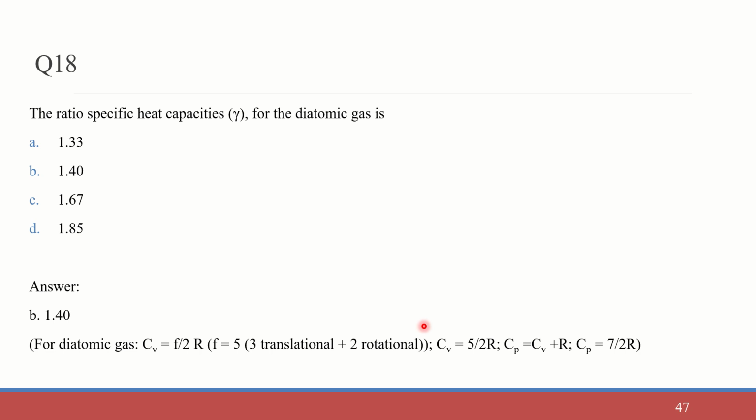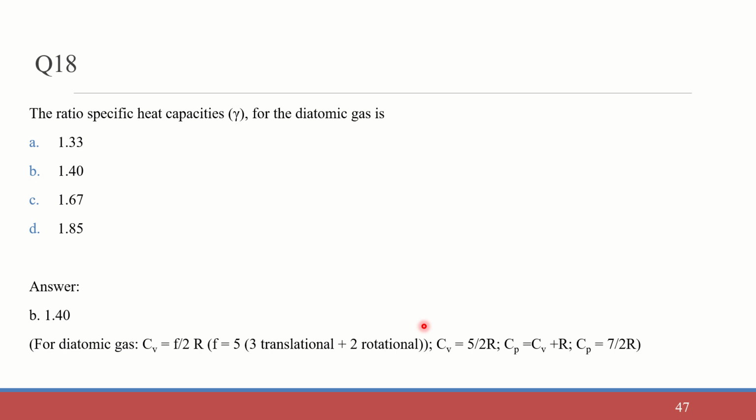Why? Because it is a simple calculation. Gamma is equal to Cp by Cv, and Cp is equal to Cv plus R. So you can also say (Cv plus R) divided by Cv, so it is 1 plus R by Cv. That calculation we need not go into, but Cv is equal to F by 2 R, and F is 3 for monoatomic gas.